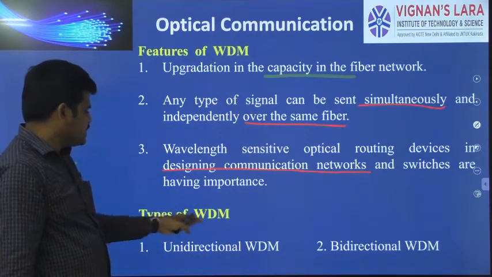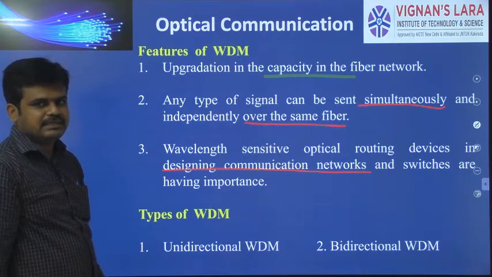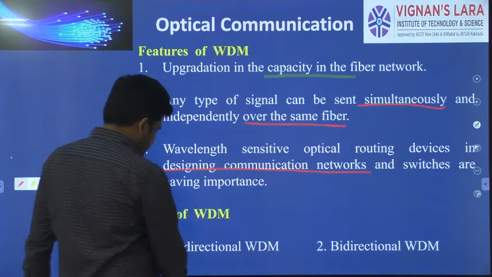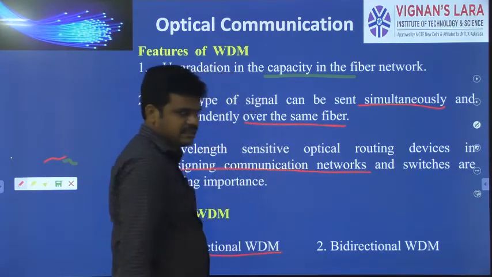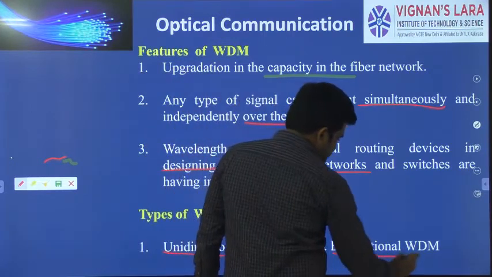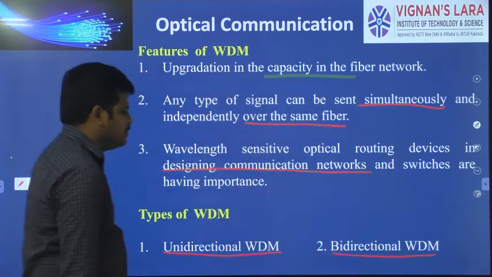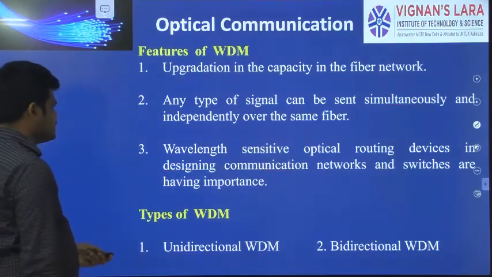There are two types of wavelength division multiplexing techniques. The first one is unidirectional wavelength division multiplexing. The second one is bidirectional wavelength division multiplexing. What is unidirectional? What is bidirectional?